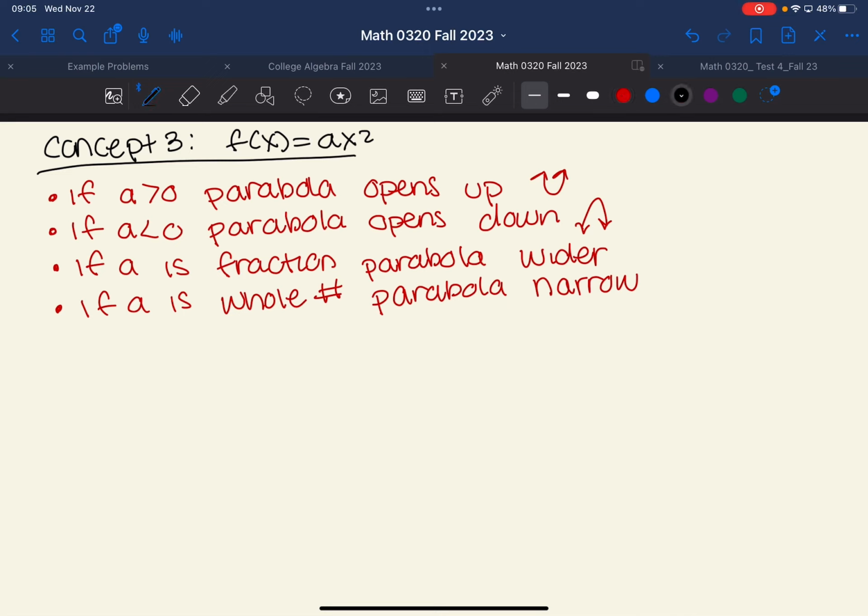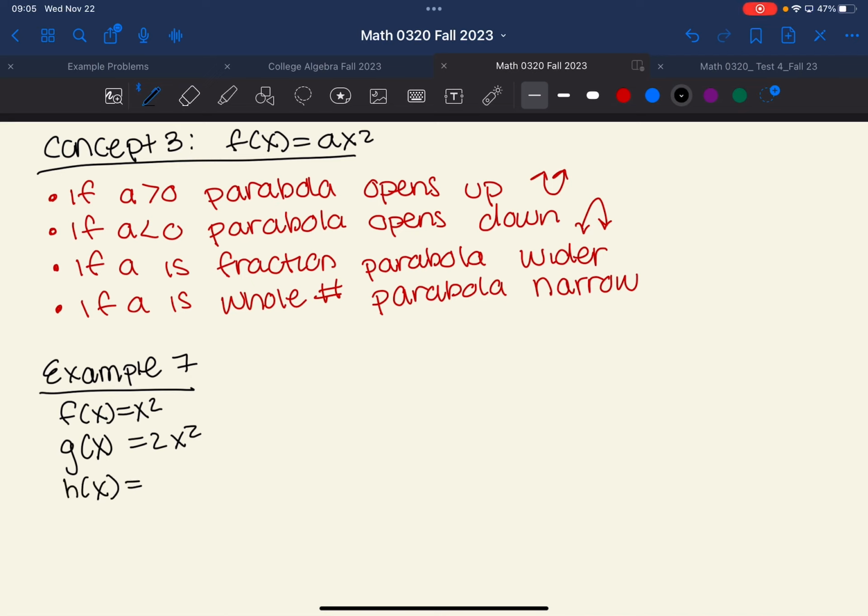So looking at example 7, we have our parent function, f of x is equal to x squared. Then we have g of x is equal to 2x squared, and h of x is equal to 1/2 x squared. So looking at g of x, that 2 tells us what two things?